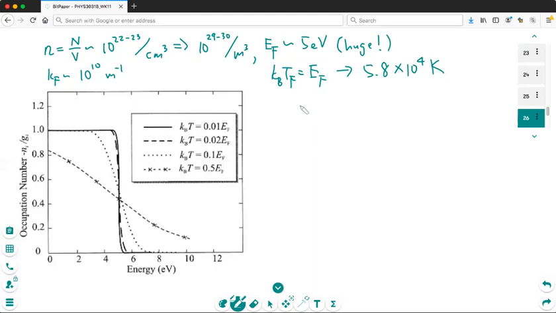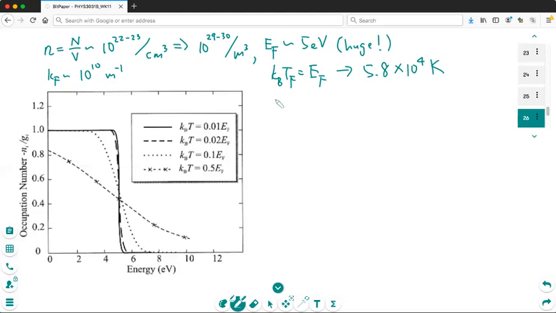Huge compared with what? Huge compared with any practical temperature where we do measurement on our solid. We are not going to raise the temperature of our material to this kind of temperature. It will be melted long before we reach there. So this energy scale will offer some nice approximation. This will come up soon.